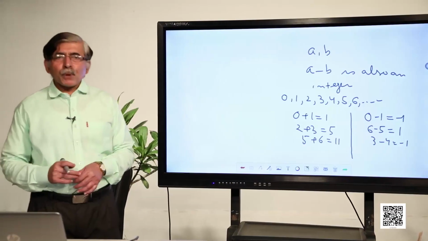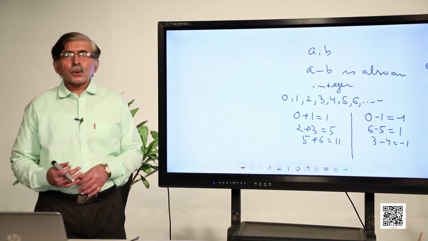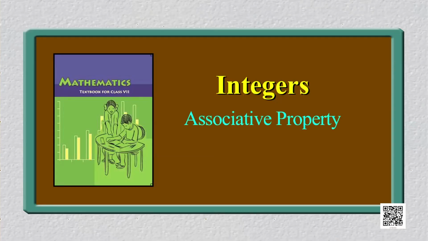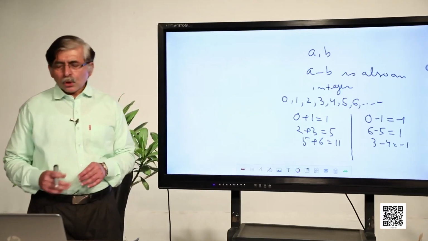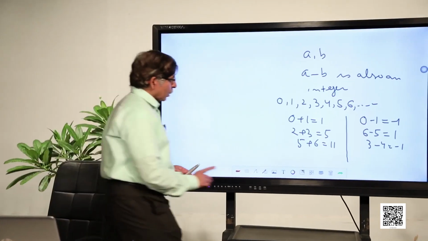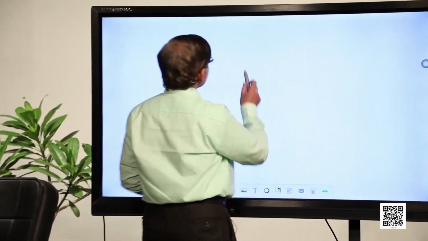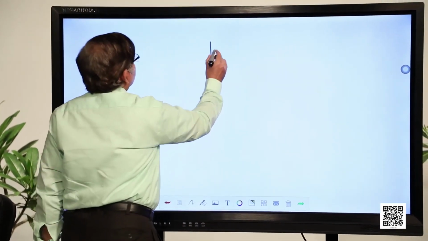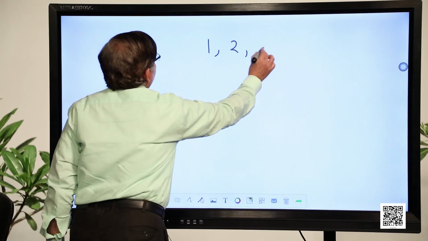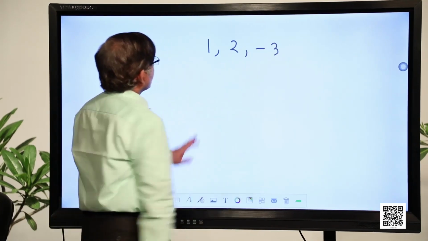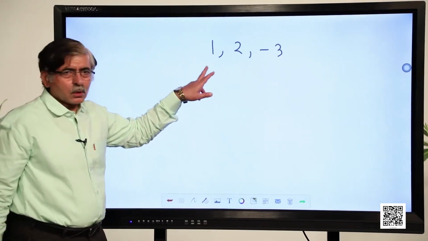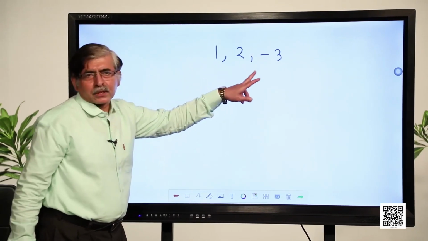Now, there is a property of integers which is known as associativity. Associativity means suppose there are three numbers or integers 1, 2, minus 3.